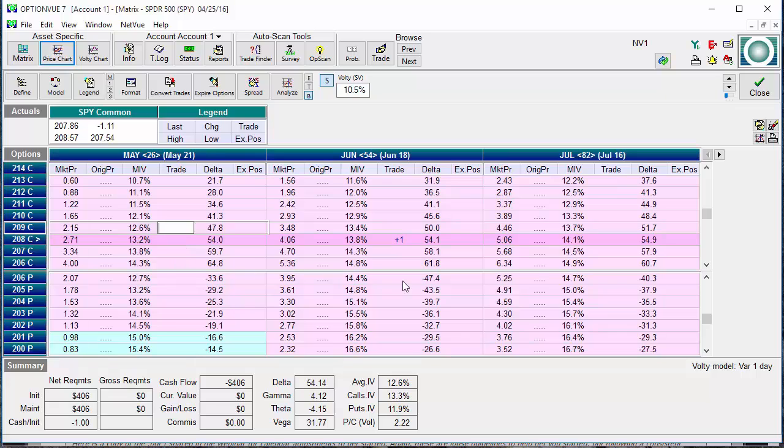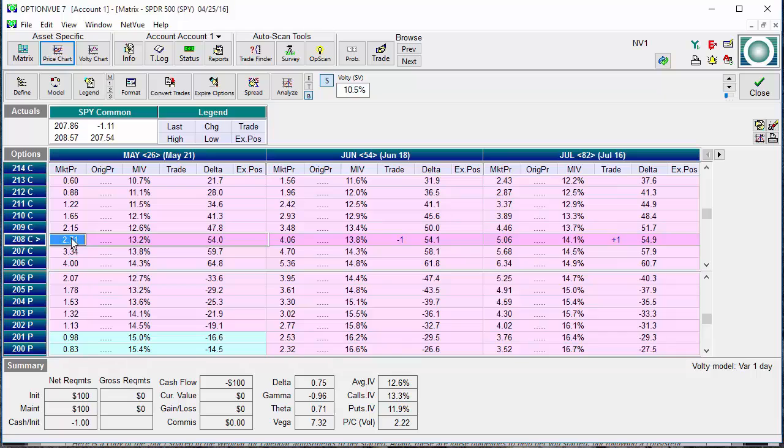Okay, so we could sell this one in 54 days, buy this one at 82 days. Our net margin is even less, and I hope you understand the reason for that is because we are generating much more credit on this option than we were when we sold this option.